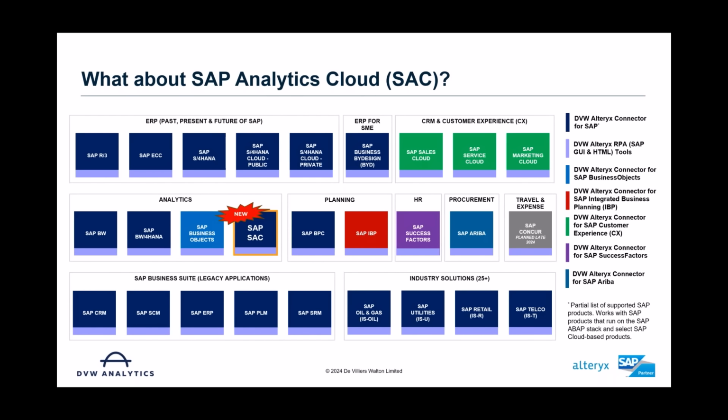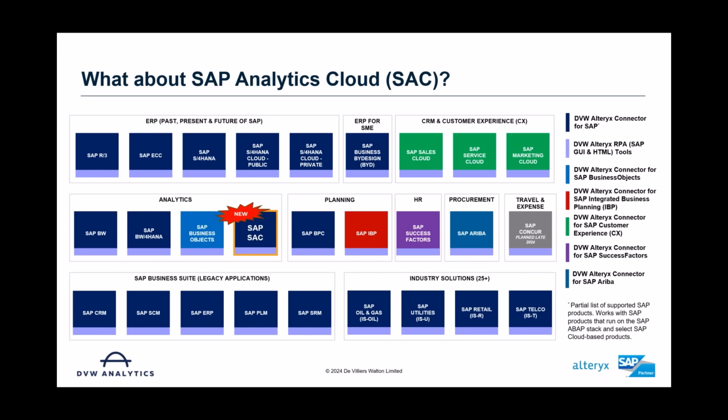Yeah, and then probably one of the last ones here around the Analytics Cloud, SAC. Yeah, so SAC. Yeah, thanks, Ian. So SAC is a relatively new SAP product. We're starting to see it being used more and more by our customers, particularly those who've already made the journey onto SAP S/4HANA.